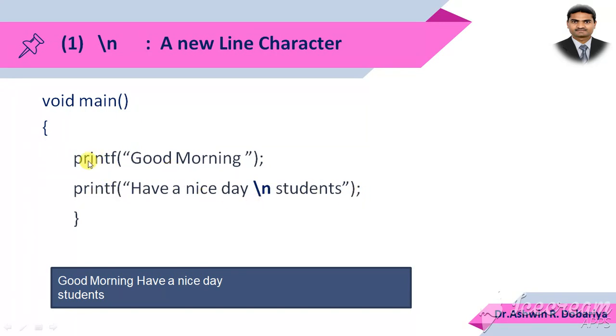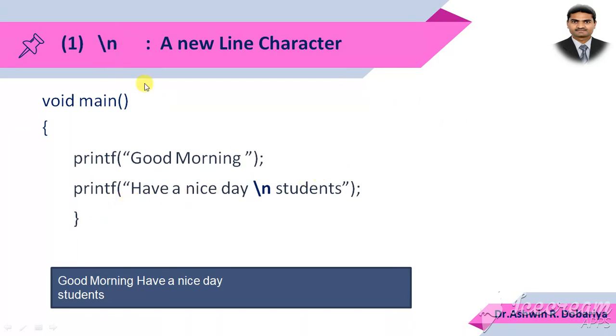Suppose you forget that there is no \n here and we have written two printf statements. We might think the output should be on two different lines, but the output will be printed on a single line. Why? Because the compiler will first print good morning, then the cursor is blinking at the end, and it will continue printing have a nice day there.